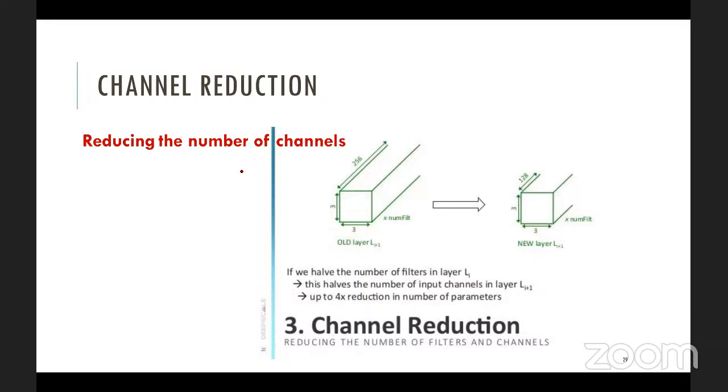The output of the first layer will have depth 64, because we have used 64 filters in this hidden layer. If instead of 64 I use 32 filters, then our output volume from this layer will have depth 32, right? This is how we can reduce the number of channels.